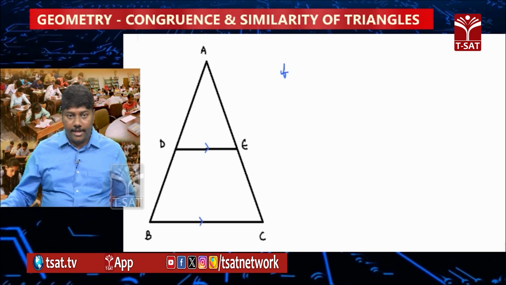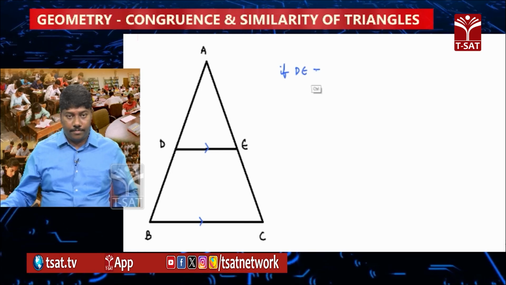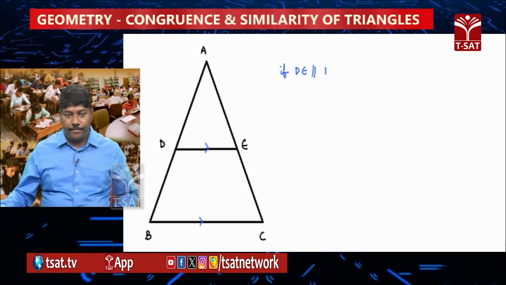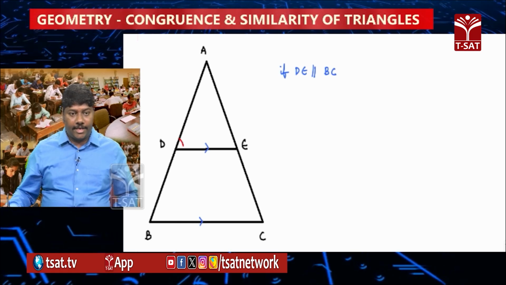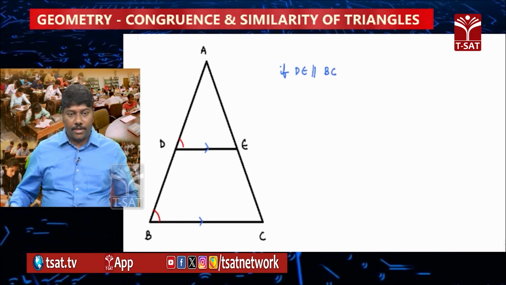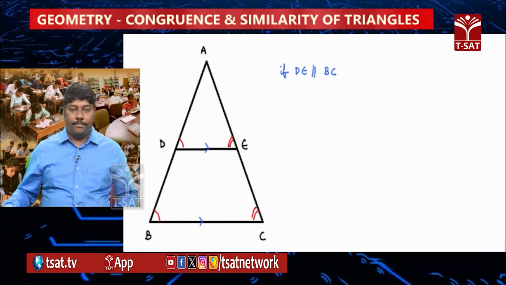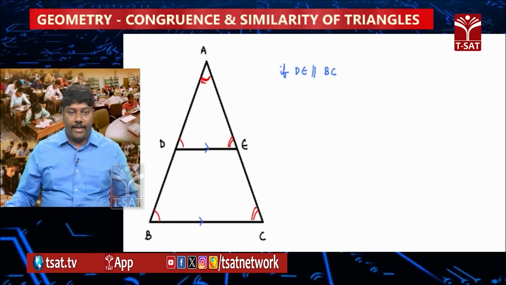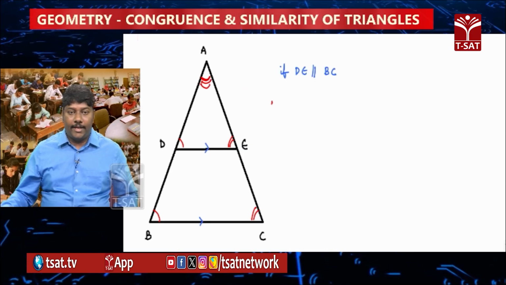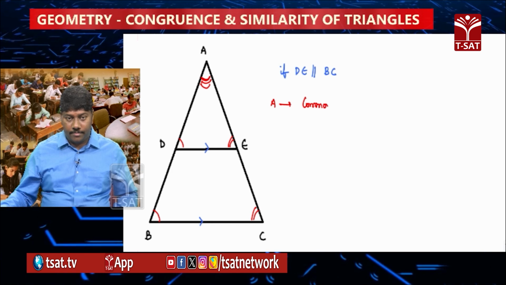Remember, the moment DE is parallel to BC, yesterday we have seen about angles. These are corresponding angles. Angle B is equal to angle D. In the same manner, angle C is equal to angle E. And angle A is common to both, the common angle for both the triangles.